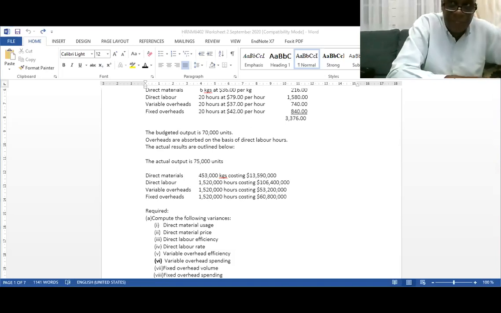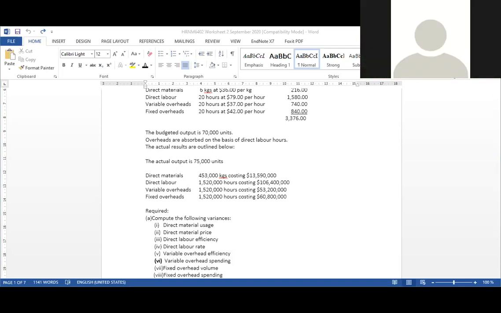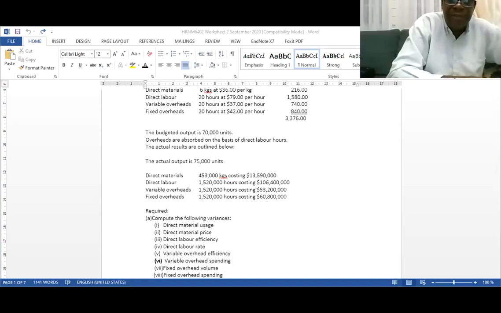That would give us 3,040,000 favorable. We're multiplying by the actual hours. That's the variable overhead spending variance.